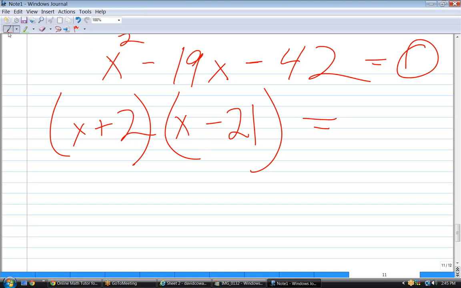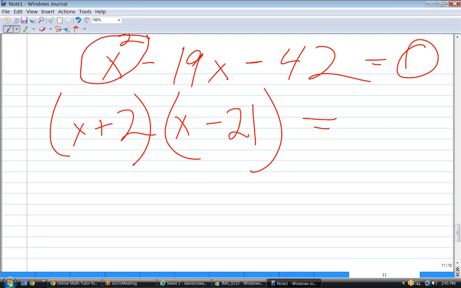Now, this is important, 5th step actually. This is the correct answer, but when you want to check your answer, in other words, after you have factored these quadratics, it's generally a good idea to take a look at whether or not we have the right middle term. I don't need to check to see if we have the right first term. I know we do.